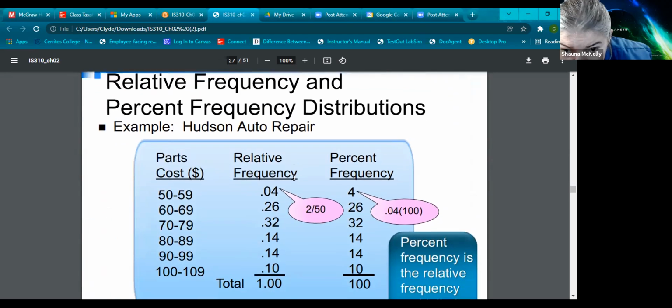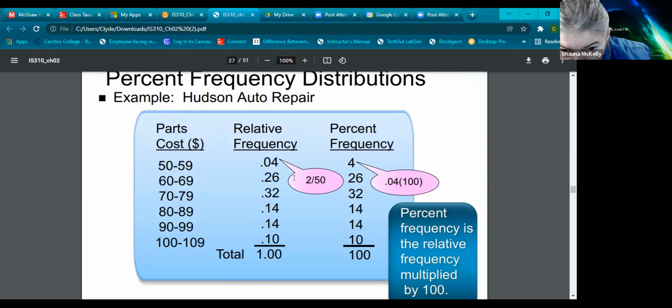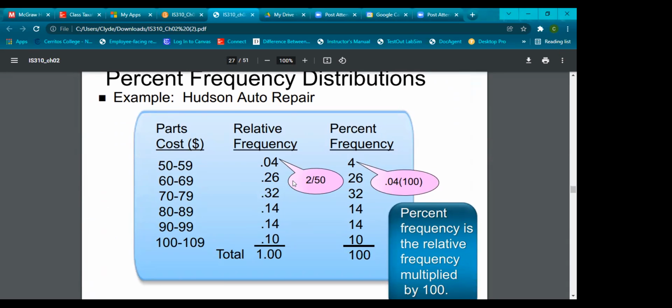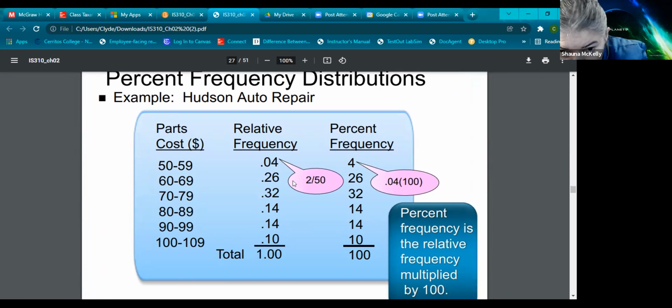So then she created the same thing. Remember, there were 50 values. So when she counted, there were 2 values in this class. Now, you have to look back at the frequency, but you'd be 2 out of 50 and then so forth.